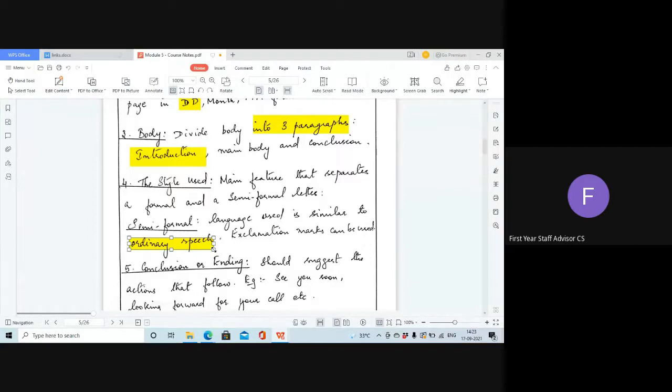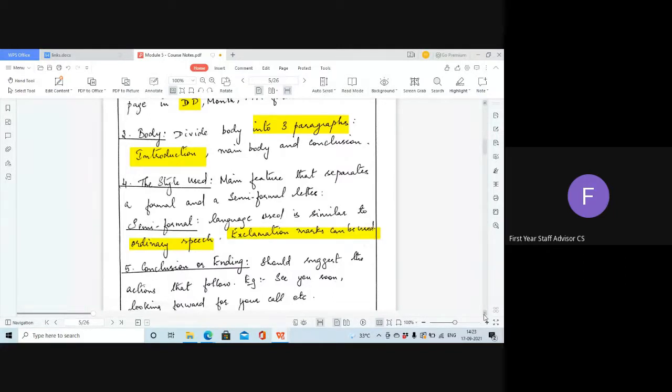Like a parent, when she writes a letter to the teacher, she can write it in a very informal way, as if she is speaking to the teacher. Then exclamation marks can be used in semi-formal letters.